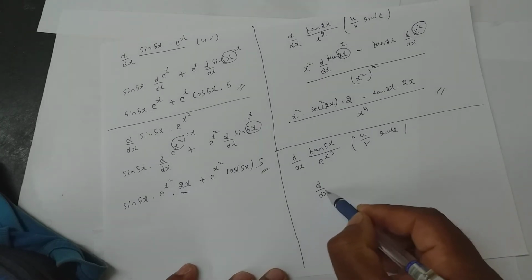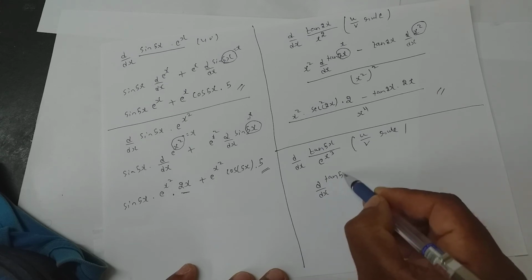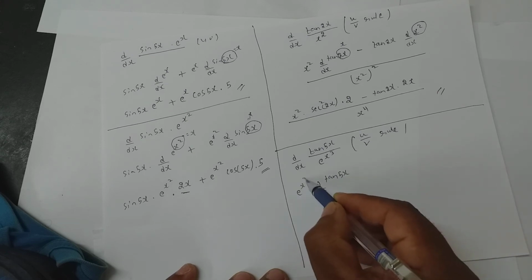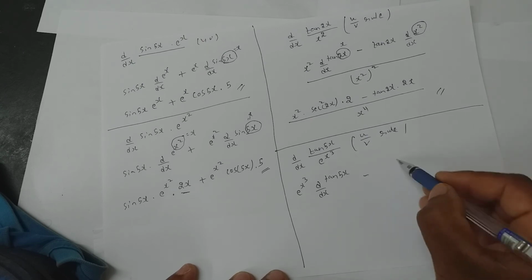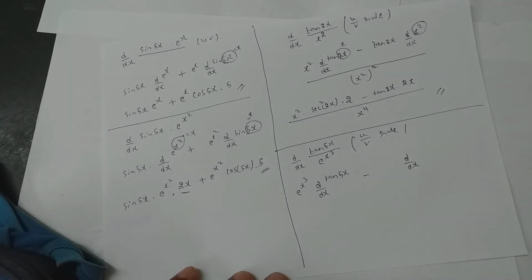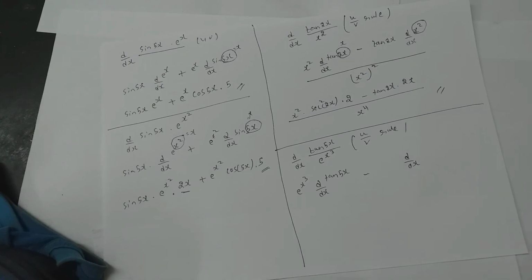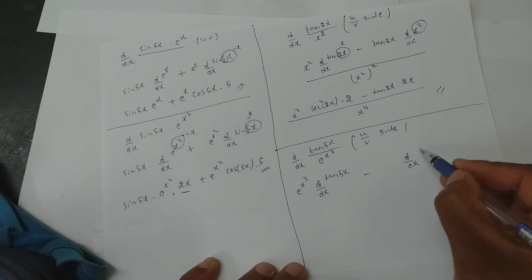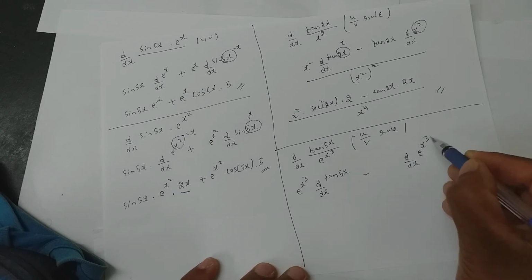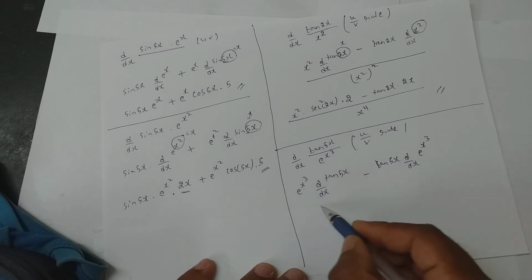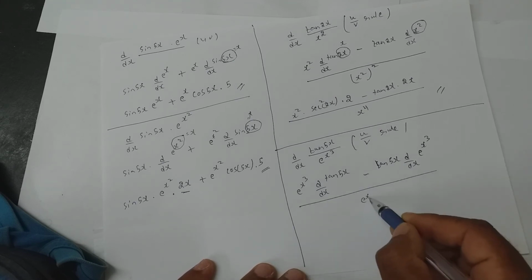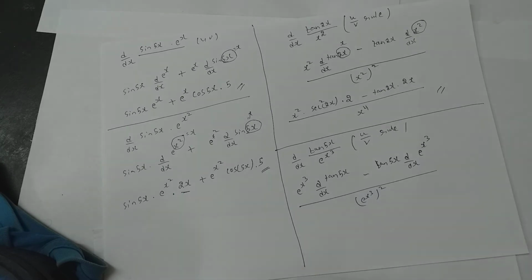First you differentiate the numerator, denominator as it is, minus differentiate the denominator now, tan 5x separately, by e power x cube whole square.